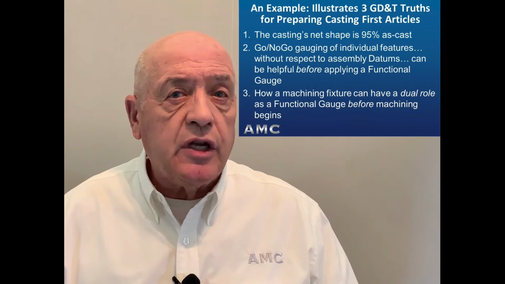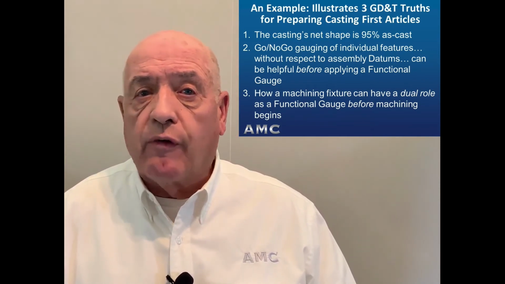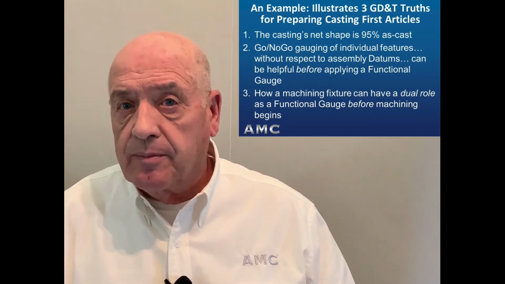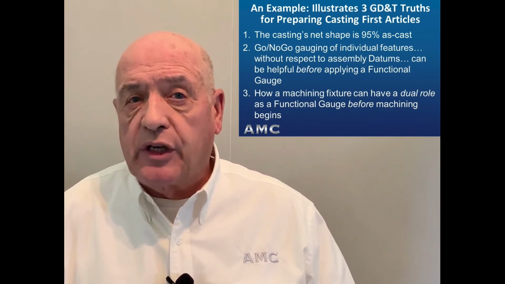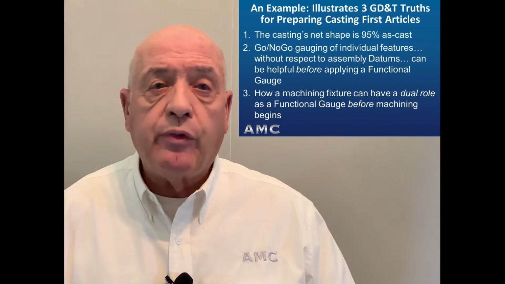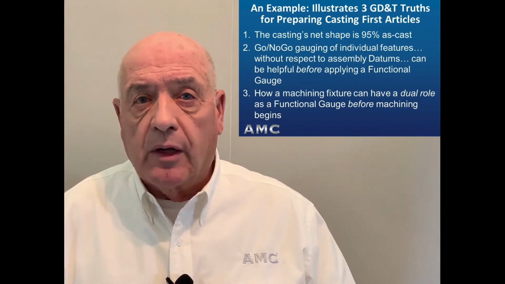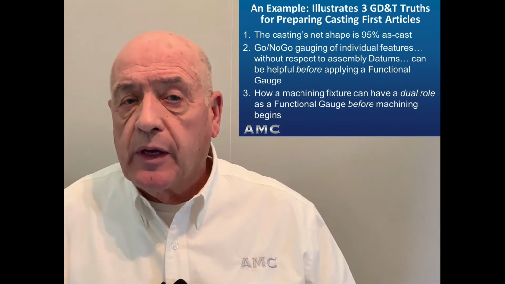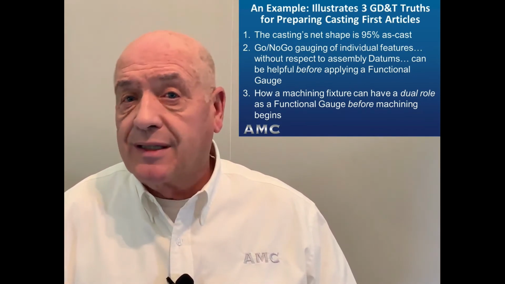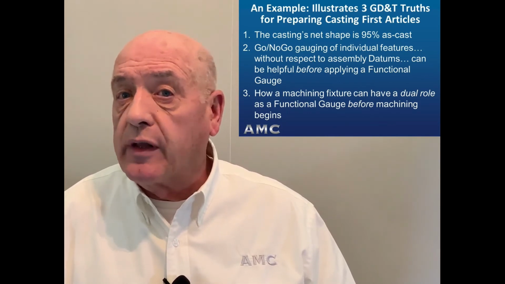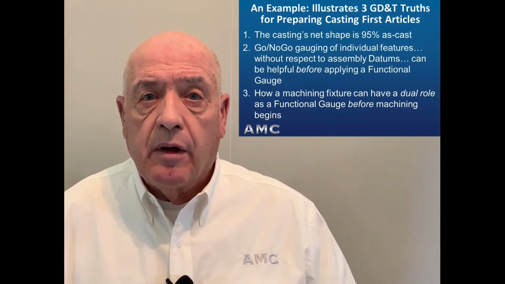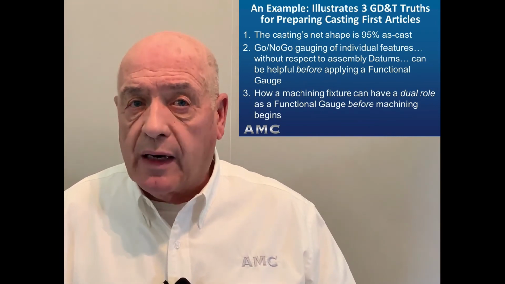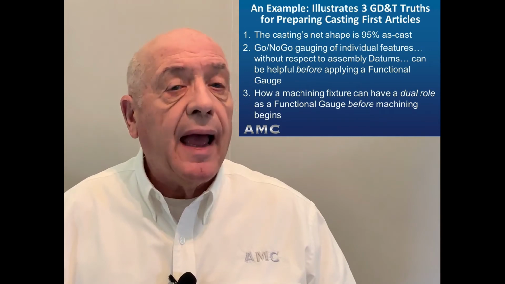Second, it illustrates go, no-go gauging of individual features without respect to the fundamental component assembly datums, as a preface to functional gauging of those same features with respect to those fundamental assembly datums. Third, it illustrates how a machining fixture can have a dual function, most significantly as a functional gauge during the setup for machining, followed by machining if the setup proves that the casting will assemble correctly with respect to its datums after it's machined.